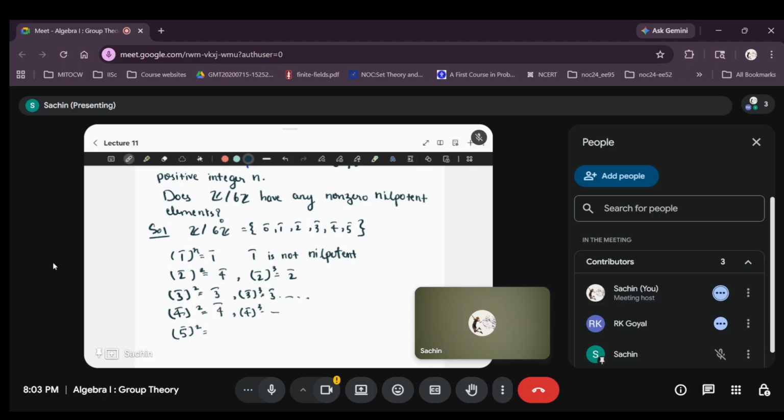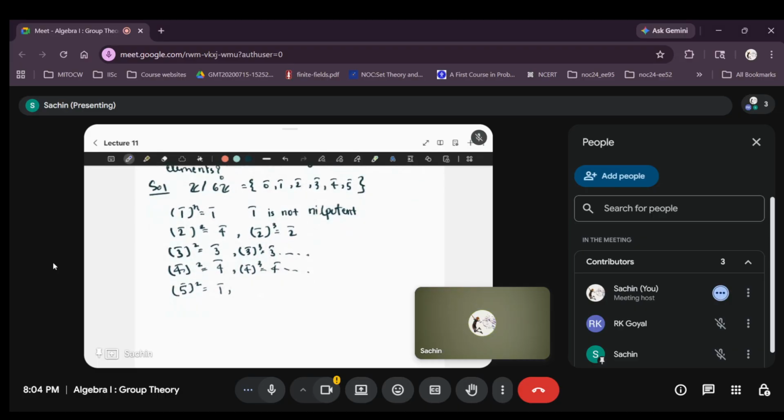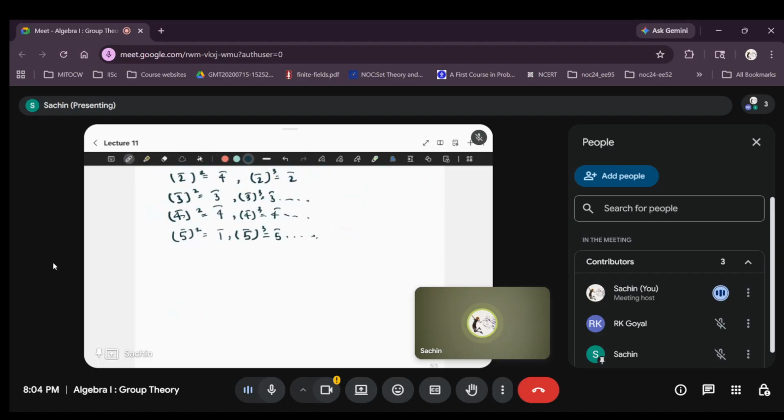Yeah, so this is 1. That means 5 cube would be, yeah. So you don't get zero. So it doesn't have any non-zero nilpotent elements. Whereas if you consider Z mod 4Z, 2 square is 4, which is 0. So 2 is a nilpotent element in Z mod 4Z.